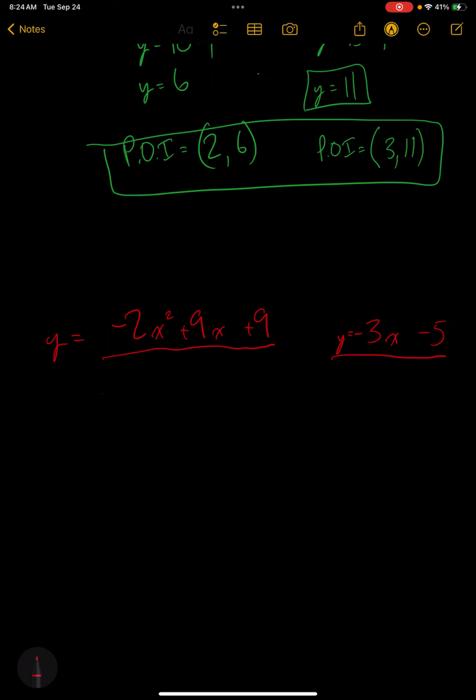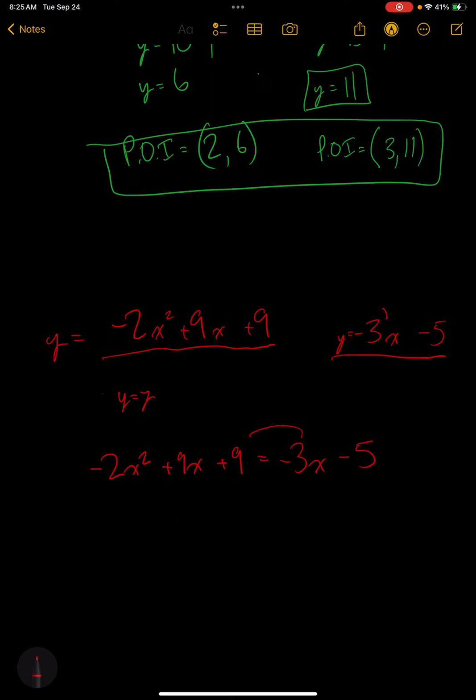Now the question is, what are the points of intersection, if there are any? The first step is to set y equal to y. So I have minus 2x squared plus 9x plus 9 equal to minus 3x minus 5.